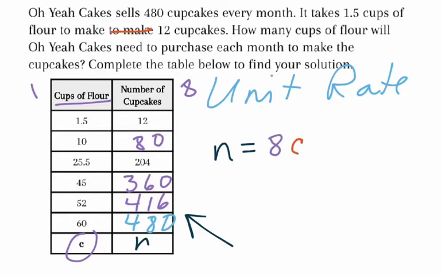So whatever it is, we multiply by 8 and we can get our cupcakes. And remember, if it was graphed, this is your X, this is your Y, and basically same thing. The Y equals, in this case, 8X, and we could go in and graph this if we needed to, given the situation. So this is a quick review here on proportional relationships here with unit rate.